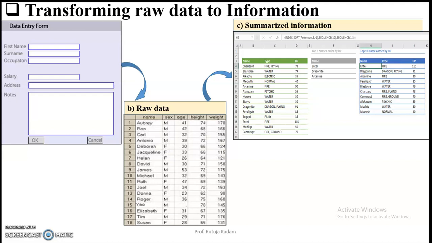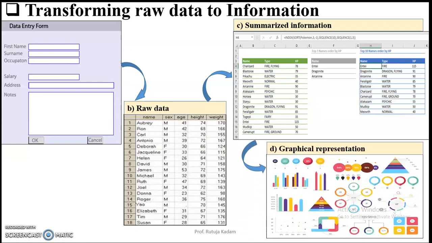If the third choice is not opted for by any student, and we are able to summarize that from the information, then obviously we will not go for the third elective. This is how summarized information from raw data helps us take decisions. And finally, this summarized information is represented graphically.